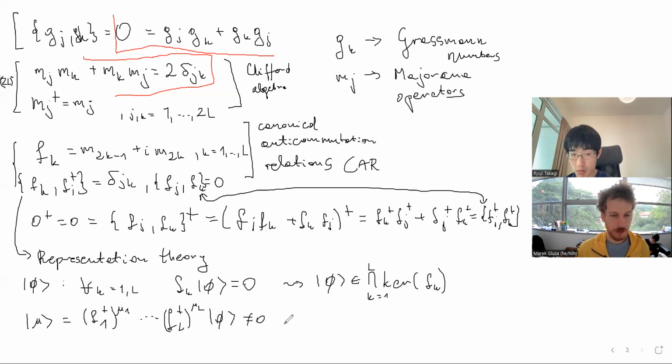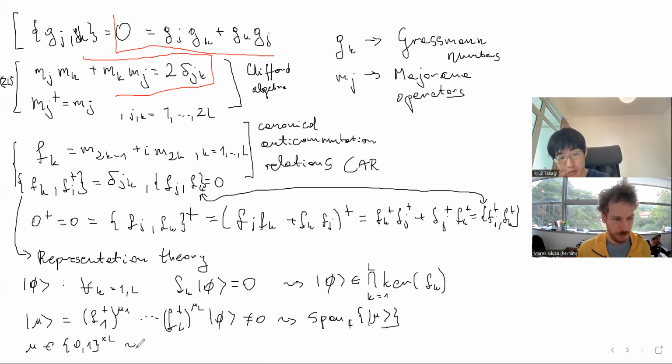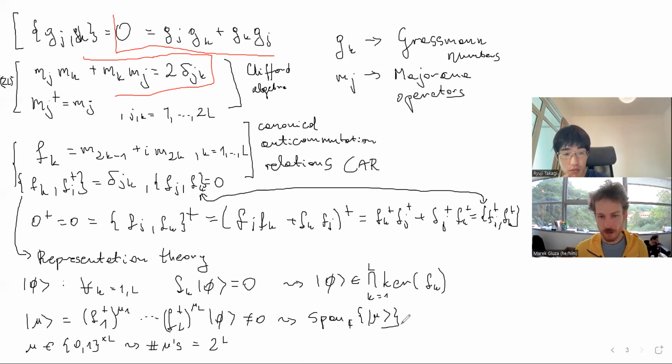And now if we do the counting, then the span of all those states mu as before is a string of 0, 1 numbers, which tells you whether you have this creation or annihilation operator there. So basically the number of mu's is 2 to the power L, because I have two choices for each.